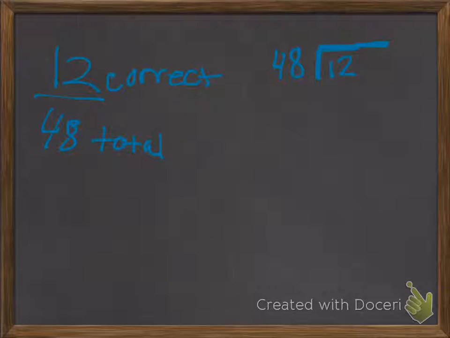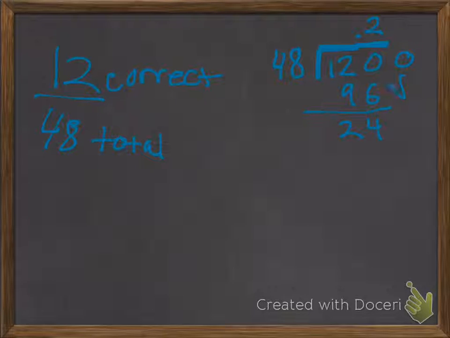So in this example, we have 12 questions correct out of 48 total, so you could just do 12 divided by 48. 48 is not going to fit into 12, so we need to bring that decimal point up. Add a 0. 48 goes into 120 twice for a total of 96. Subtract 96 from 120. That will give me 24.